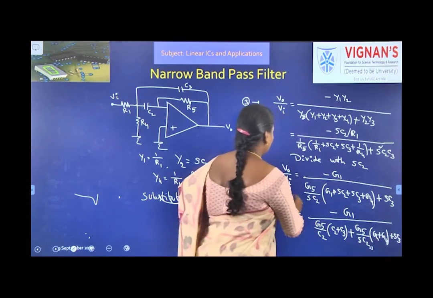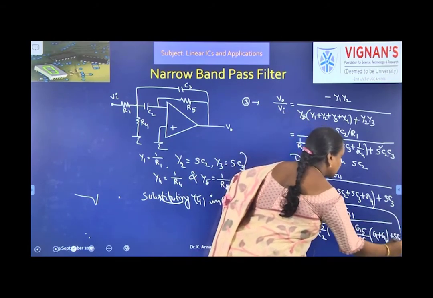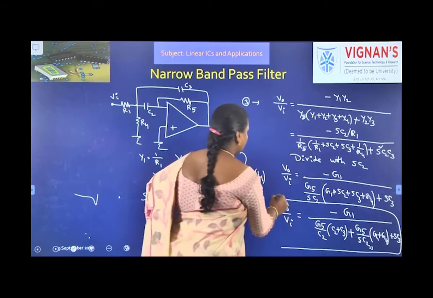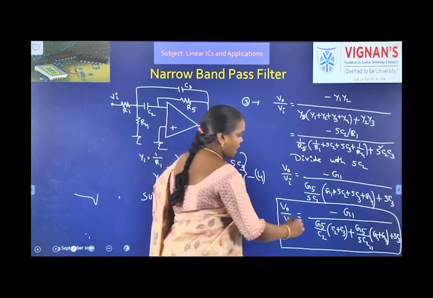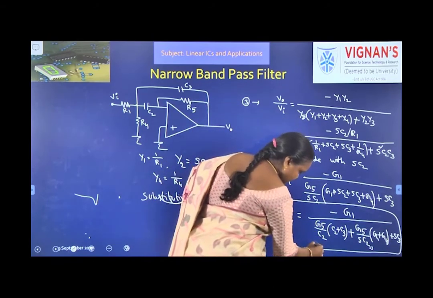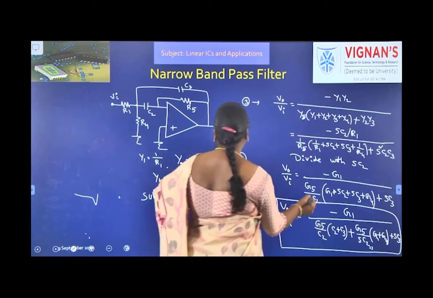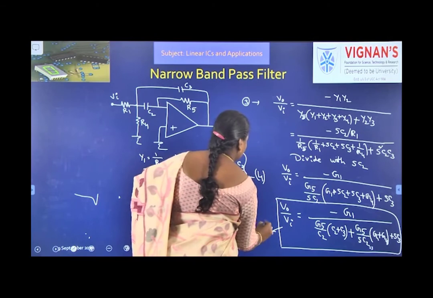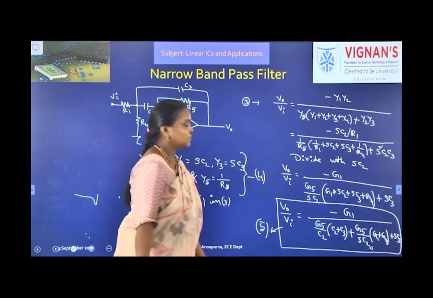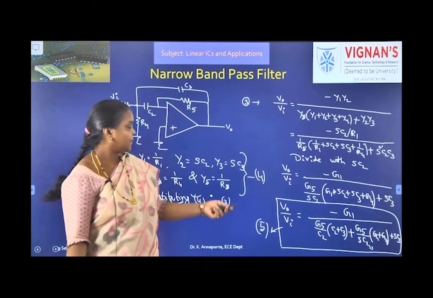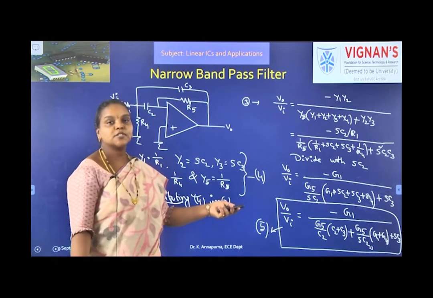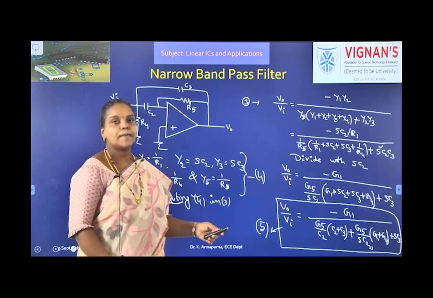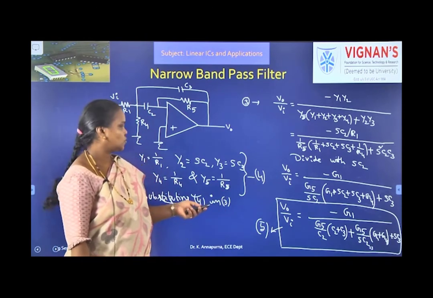Okay, this is the expression we got for RC narrow band pass filter. So let this equation be 5. Okay, and this response is similar to parallel RLC circuit.